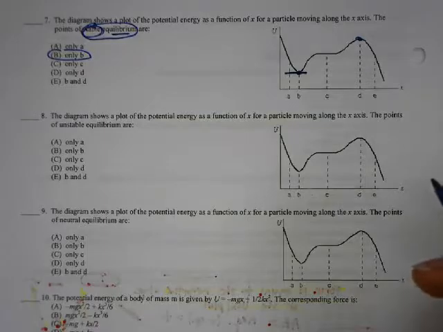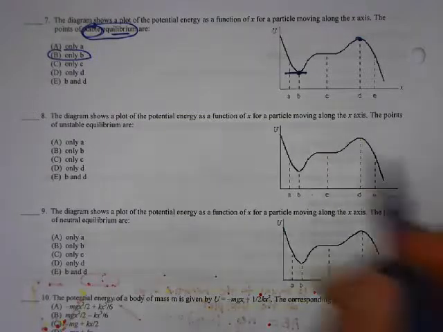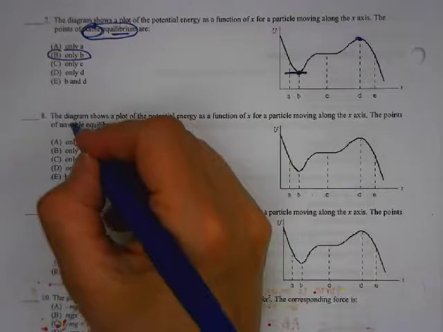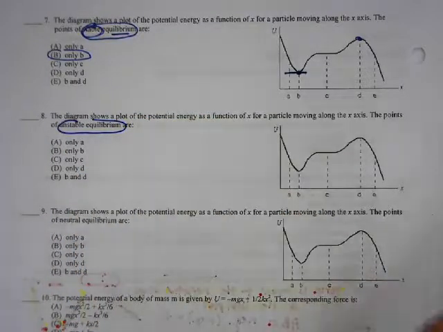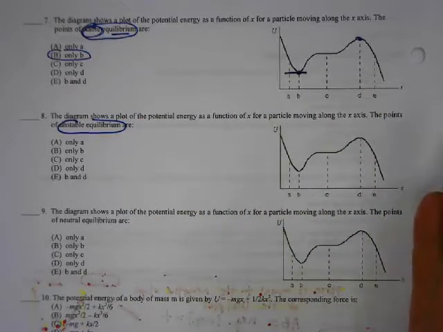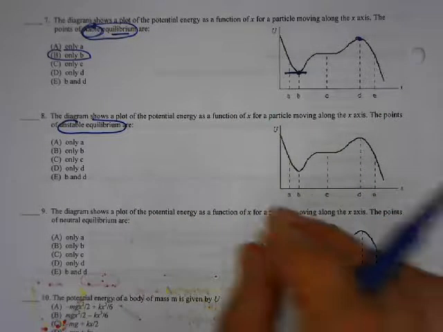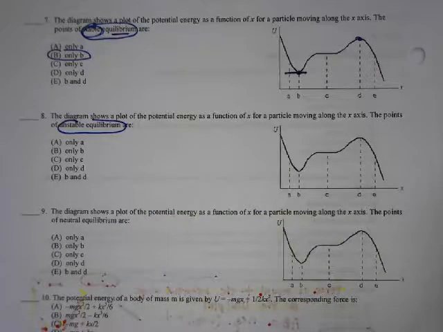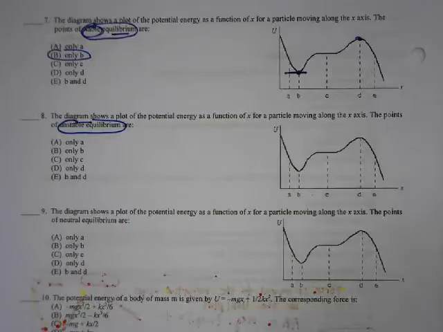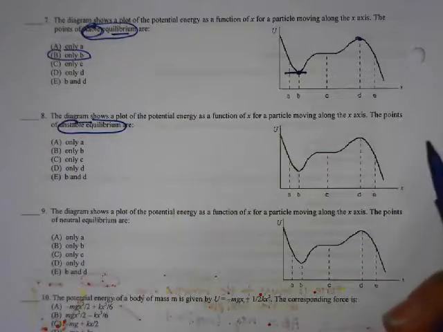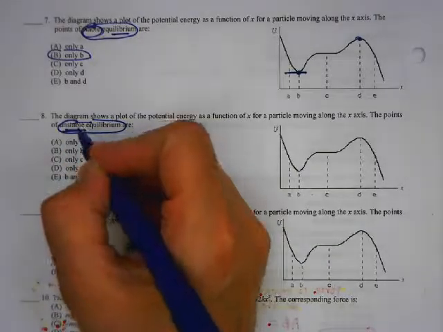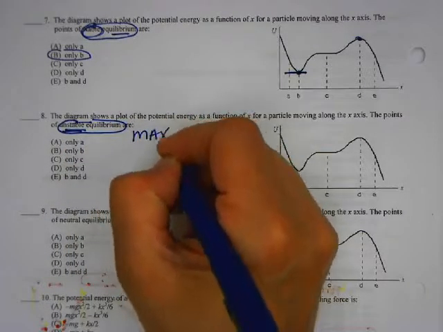Then number 8, it's the same graph, and now it says unstable equilibrium. So this is the type of thing, whether it's an FRQ or just an easy multiple choice question, because if you understand these little things, which are basically things you have to memorize, and you can go through the notes and read all the other stuff about the ifs, the ands, and the whys, but unstable equilibrium is going to be your maximum.